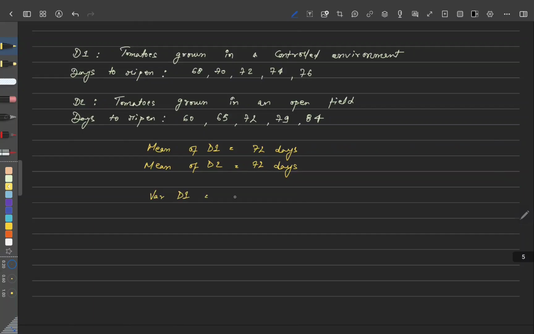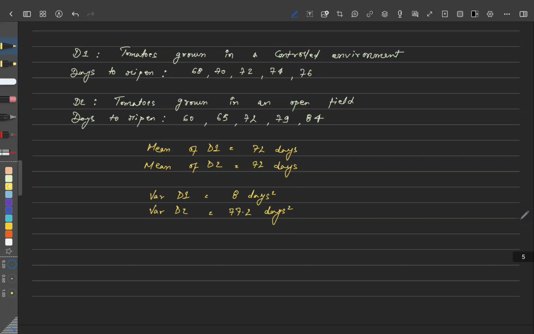Variance of D1 is 8 days squared, because we are squaring, so the units also get squared. Variance of D2 is 77.2 days squared. So see, right away we can see that there is a lot of difference in variance.